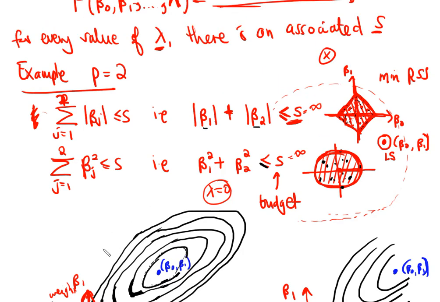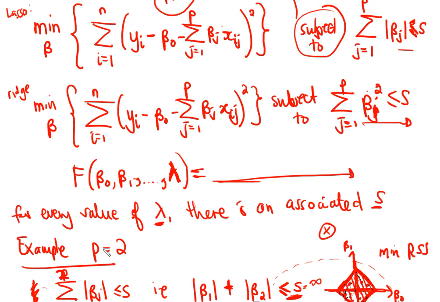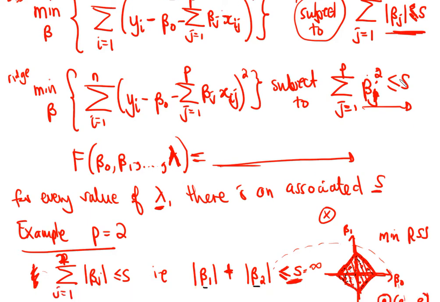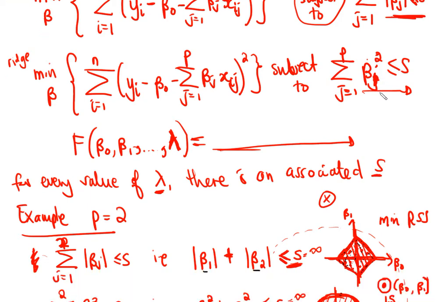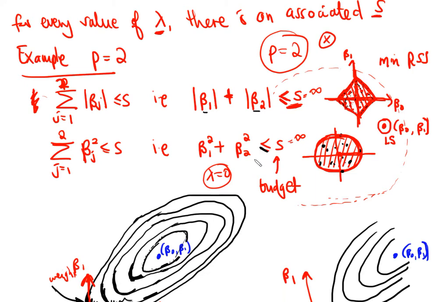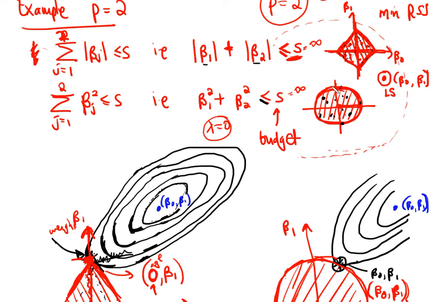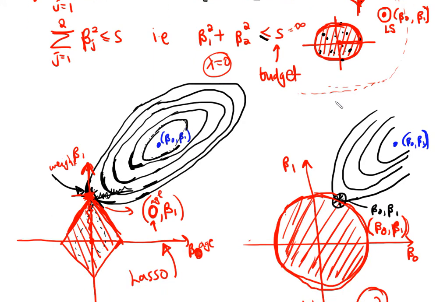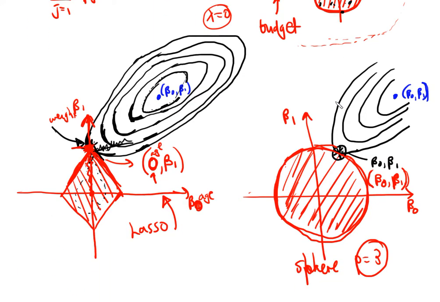And we saw that for lasso, the budget becomes a diamond when P equals 2, and for ridge regression, the budget is a circle. For P equal to 3, the circle turns into a sphere, a spherical object. P equal to 4, some complicated shape, and so on. They keep complicating like that, but the principle is the same.